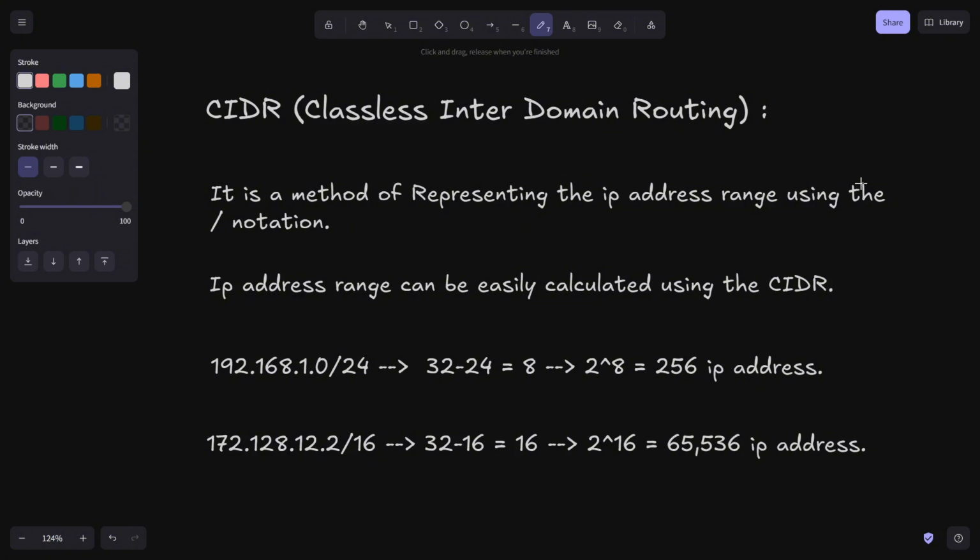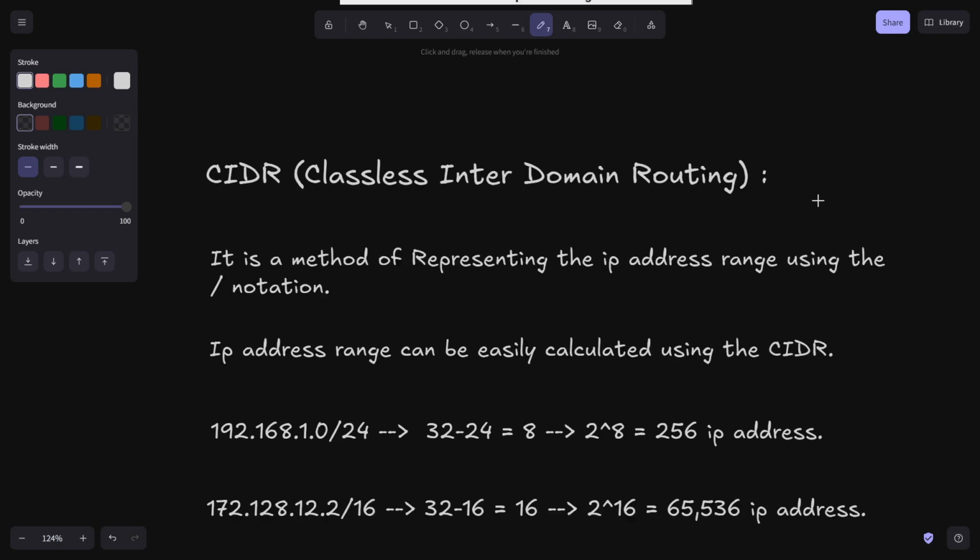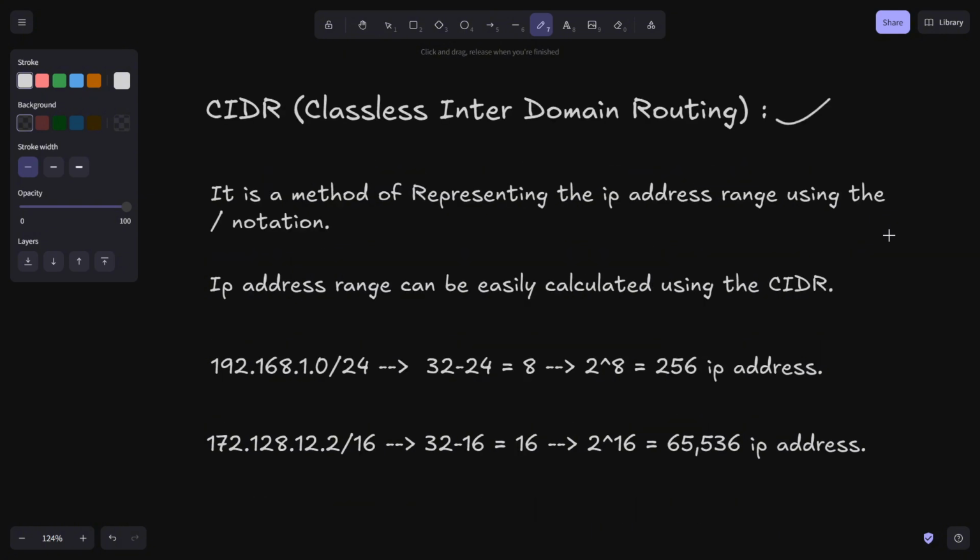What is CIDR? CIDR is a method of representing the IP address range using slash notation. CIDR, classless inter-domain routing, is basically used for identifying the IP ranges for a given IP address.